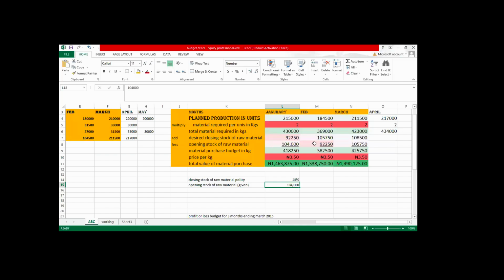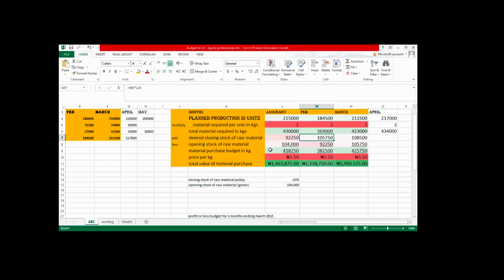For me to get February, the closing stock for January automatically becomes opening stock for February. Is that clear, please? Yes, sir. The closing stock for February automatically becomes opening stock for what? March.